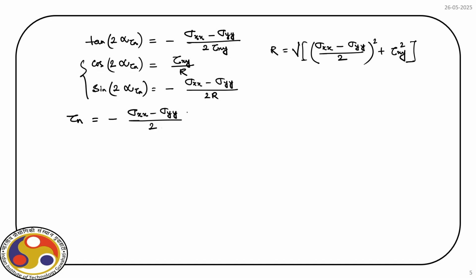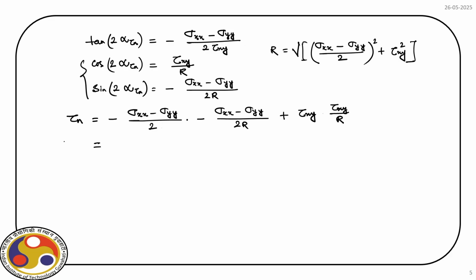So, we have sine of 2 alpha, that is minus sigma xx minus sigma yy by twice r, plus we have tau xy cosine of 2 alpha. So, we have tau xy by r.